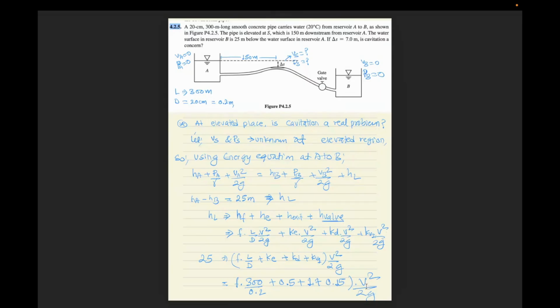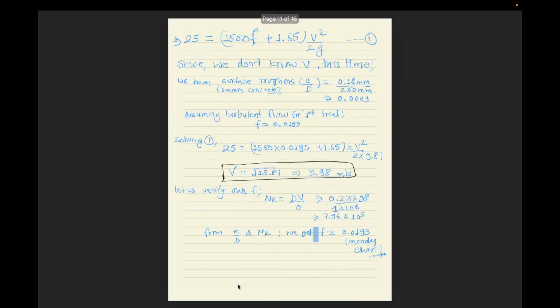So here we need to again find F. We don't know F, but we know the surface roughness, which we can compute from e by D. For smooth concrete, e is equal to 0.18 mm divided by the diameter of the pipe, which is 200 mm, and that gives us 0.009.